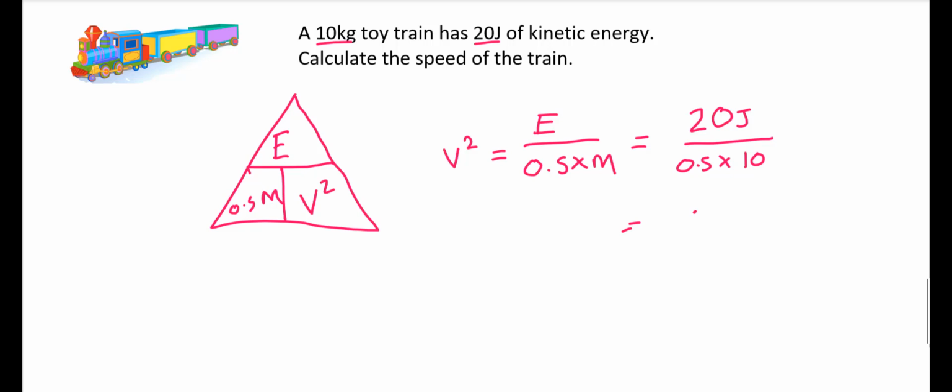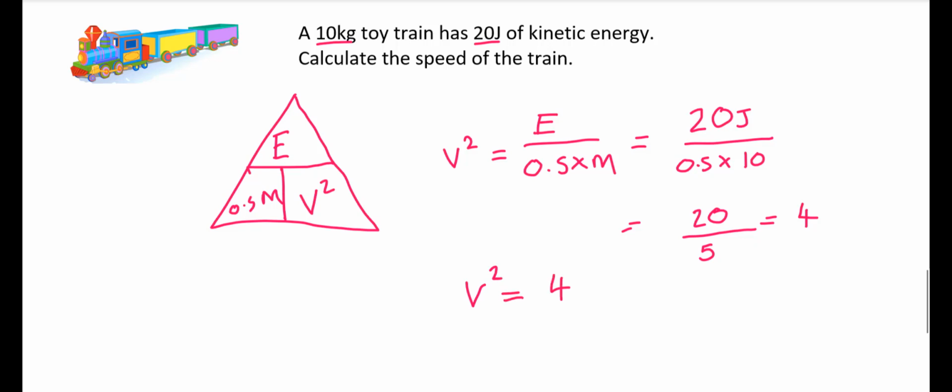So in other words, this becomes 20 divided by 5. 20 divided by 5 is 4. So v squared, or the speed squared, is equal to 4.